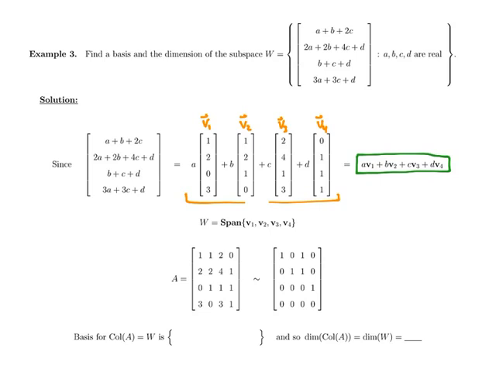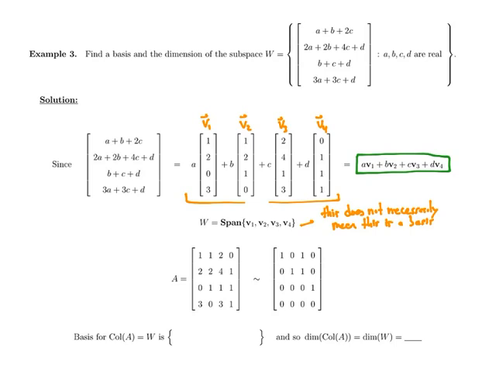But this does not necessarily mean that the basis are those vectors. We talked in the last section that you may have too many vectors in the span. It's not an efficient way of writing that span, and you may be able to delete vectors from that span and still have a basis.